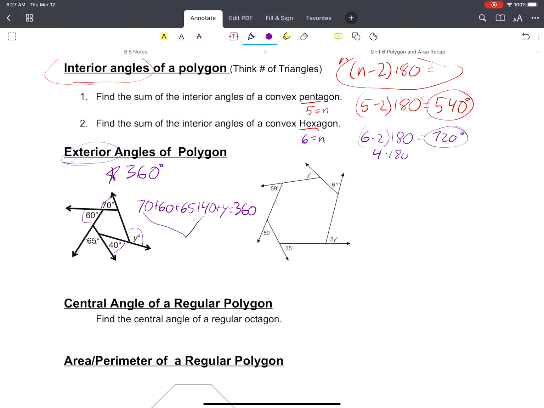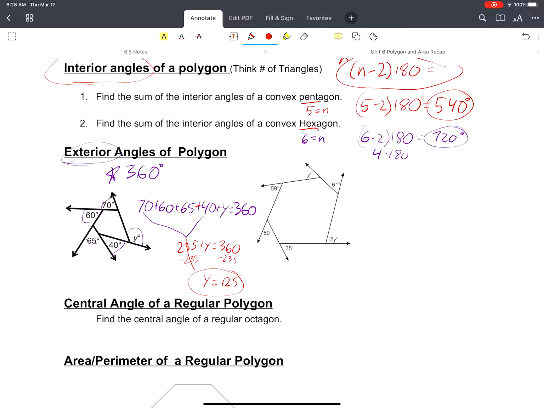When I combine my like terms, we get 235 plus y equals 360, and we could subtract the 235 from both sides, and our y equals 125.